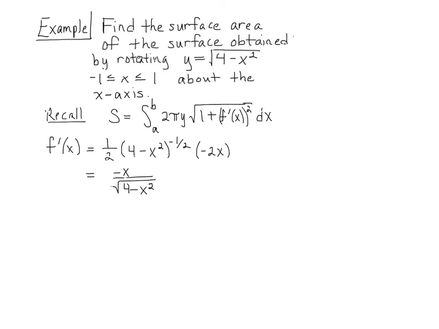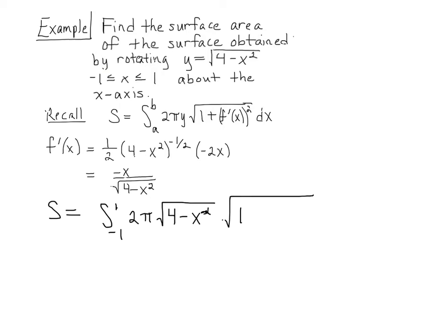So now we can say that s is equal to the integral from -1 to 1 of 2 pi times the square root of 4 minus x squared times the square root of 1 plus x squared over 4 minus x squared, dx.